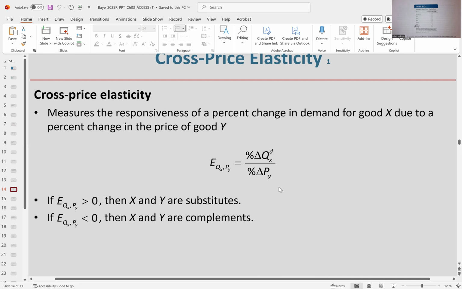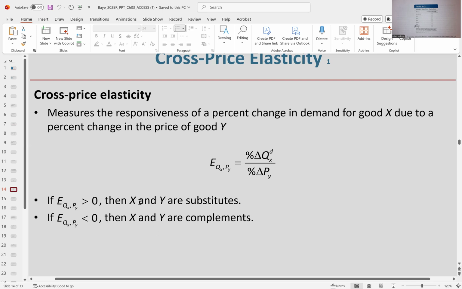So when you have complements, like in the second case here, talking about the price of gasoline, if the price of gasoline goes up, the quantity demanded of luxury or gas guzzling automobiles is going to go down. So these move in opposite directions. So the cross elasticity of demand is negative here for complements.